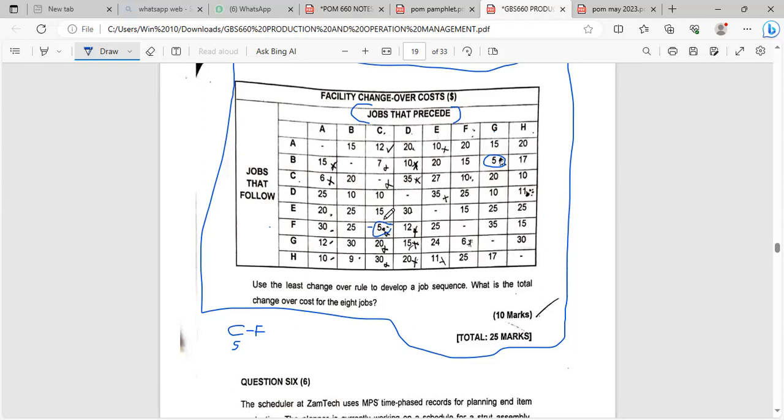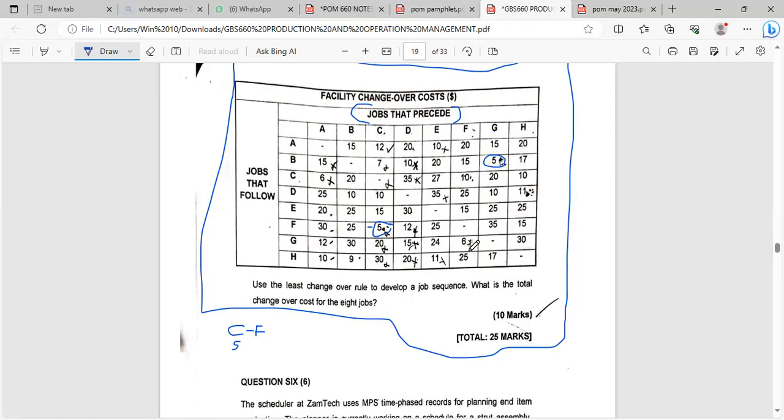After we exhaust this one, we'll go again for the other one, so that we select the sequence which will minimize our cost. So the starting job is job C. It has a 5, and the 5 is F. Now F has started. What is the smallest cost in F? 6, yes.